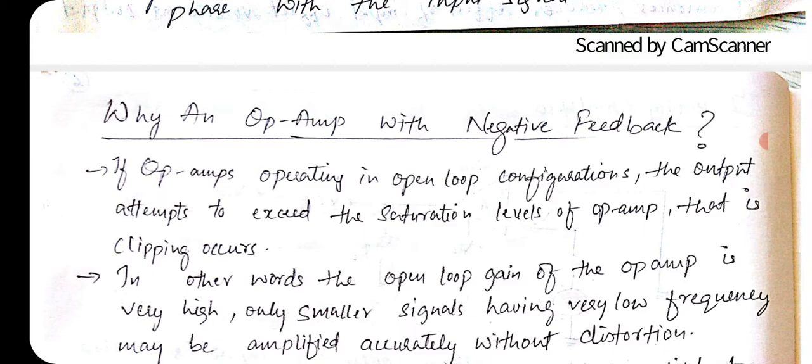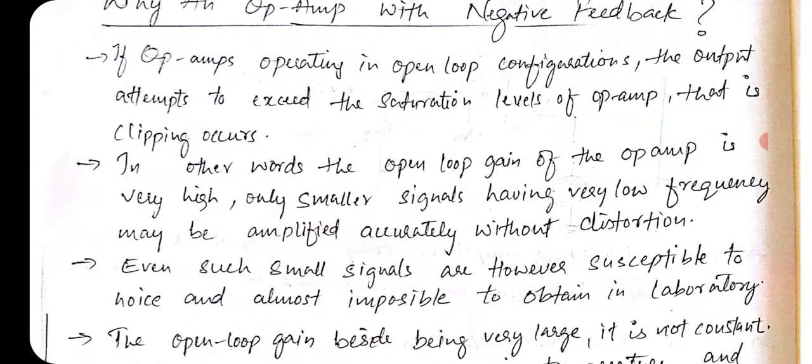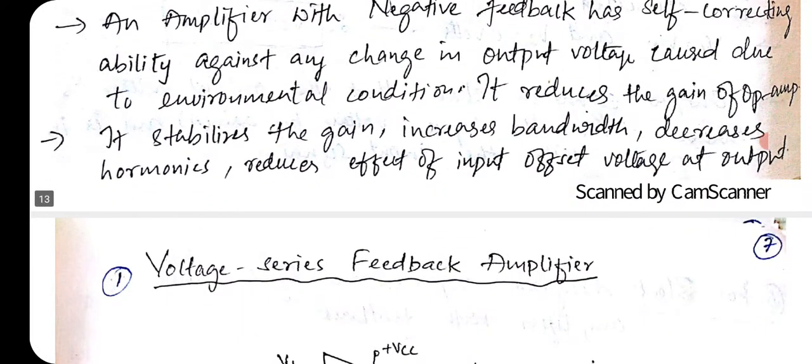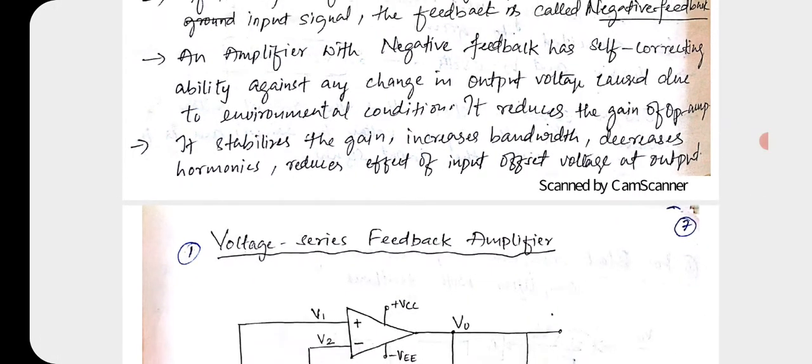It will improve most of the parameters and take care of the stability of the output of an op amp. Such points are mentioned here. This explanation I have written in detail, so just go through it.